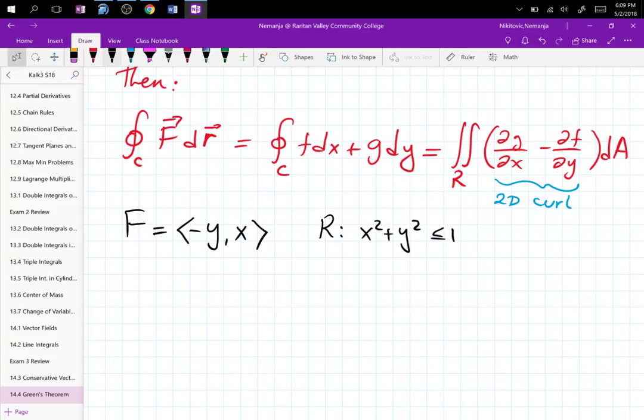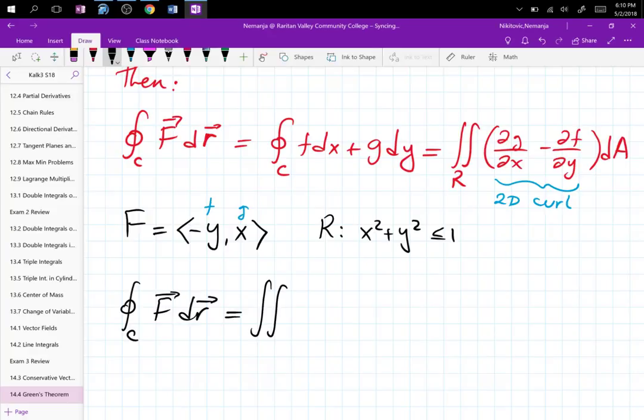Using colors, this is your F, this is your G, and this is your R. So now we are going to use the setup, which is going to be equal to the double integral of partial g partial x minus partial f partial y dA.